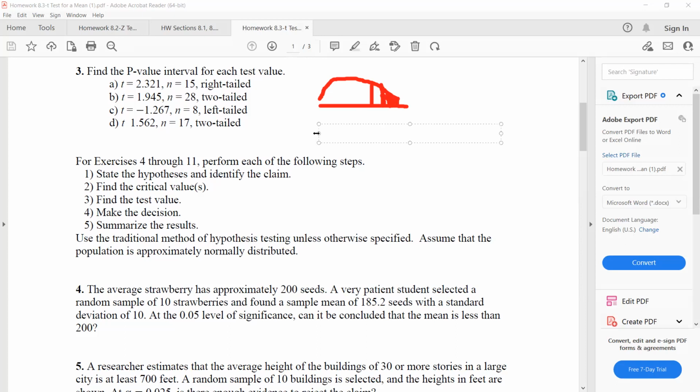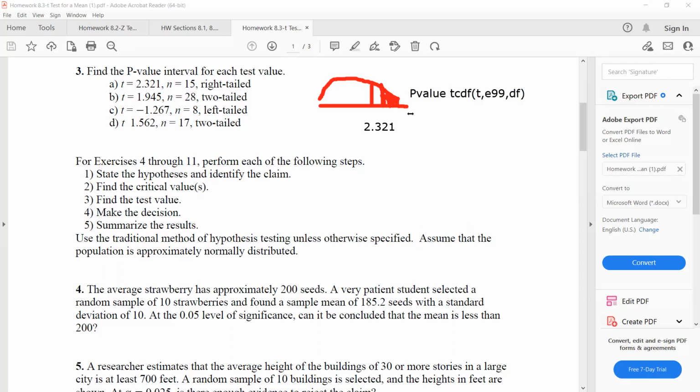Your p-value for a right-tailed test is going to be TCDF from T to infinity with your degree of freedom. That's how you're going to find the p-value if it's a right tail.